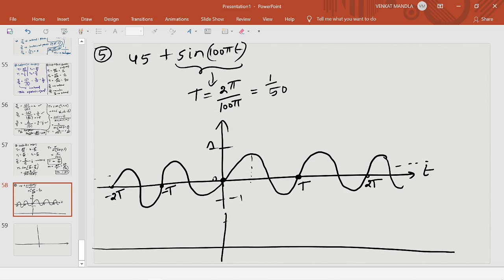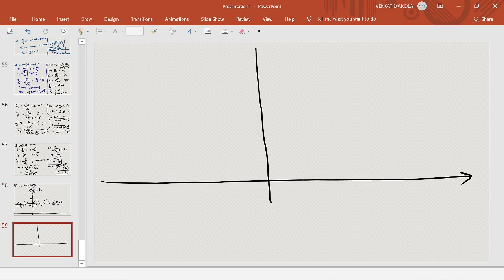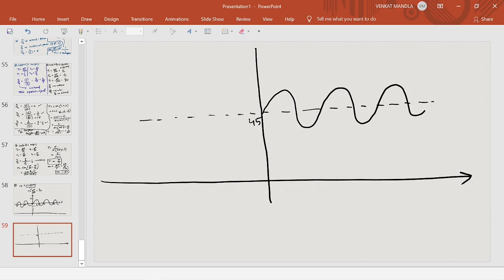At t equal to T by 4, we have 1, so adding 45 we will get 46. Let's say this is the 45 line; this entire sine wave will be repeating about 45.